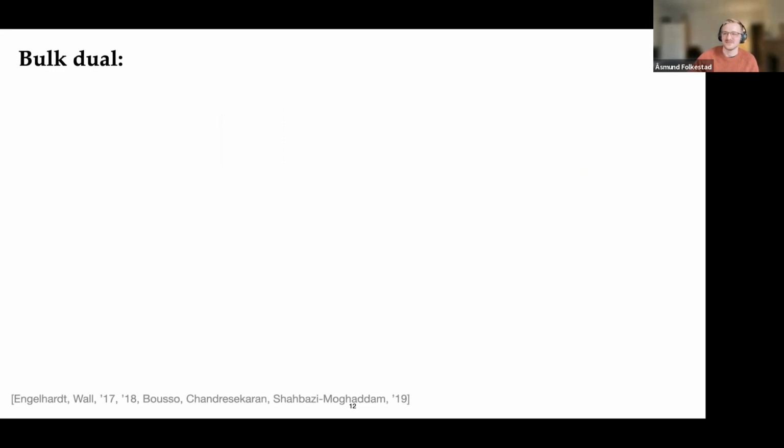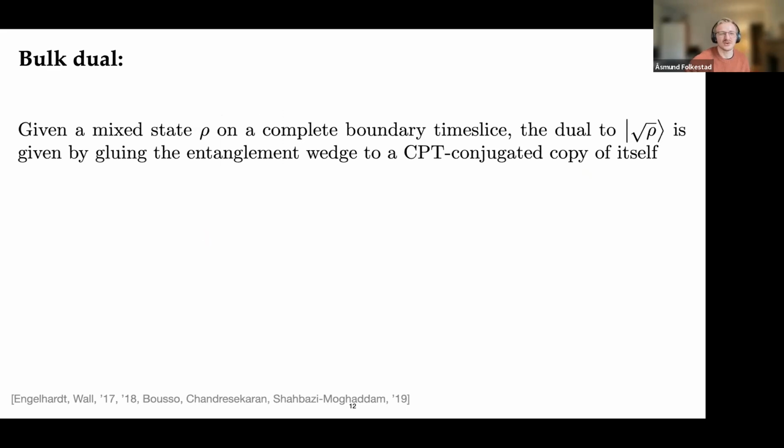And the great thing is that the bulk dual to this procedure is well known at this point. Given a mixed state rho on a complete boundary time slice, the dual to the canonical purification, square root of rho, is given by gluing the entanglement wedge to a CPT conjugated copy of itself. So let's draw this whole process in pictures so it's clear.